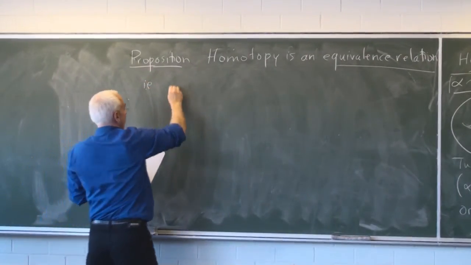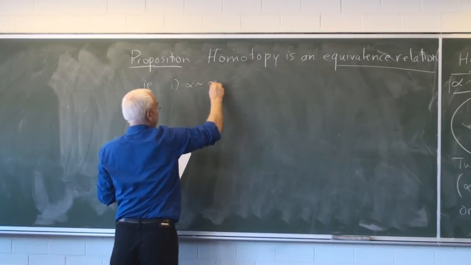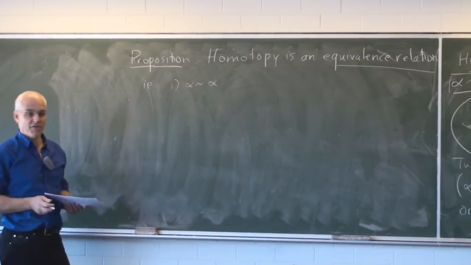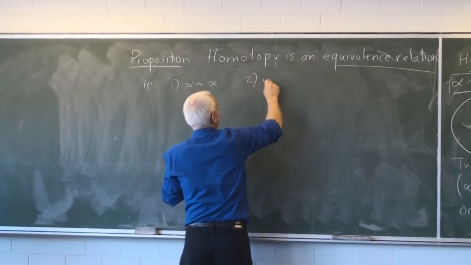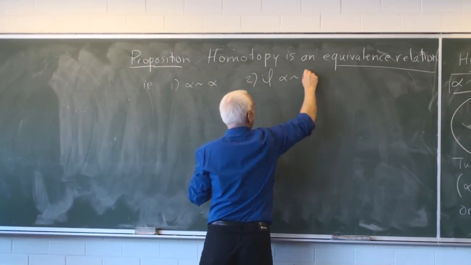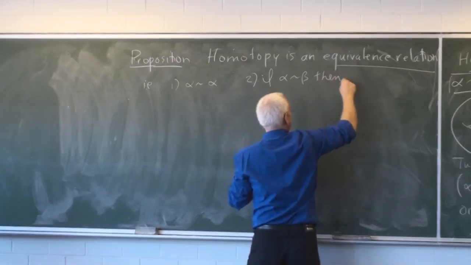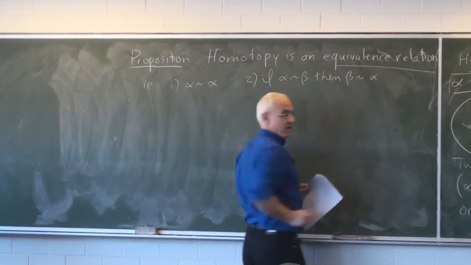It means that any curve is homotopic to itself. It means that if alpha is homotopic to beta, then beta is homotopic to alpha.